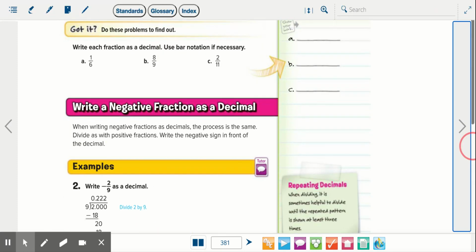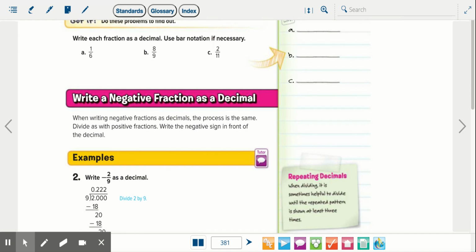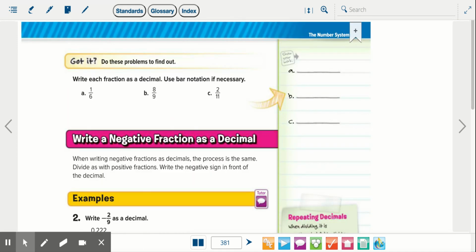All right. Let's try one. I want you to try A, B, and C. What do you think you get? Go ahead and give them a try. Okay. So for letters A, B, and C, you should have gotten 0.16 with the line just over the 6.